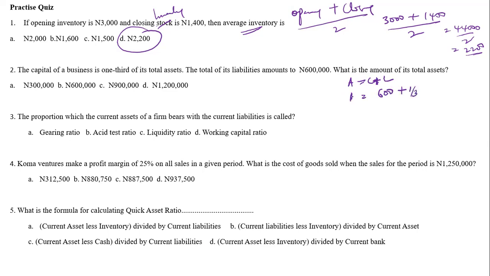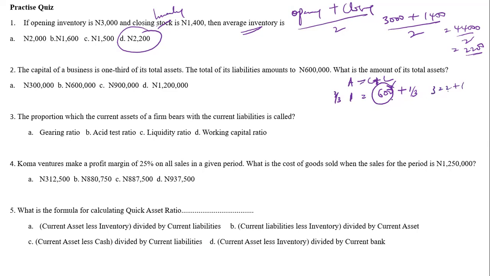So when we have 1/3 of this, we should all know that this is the same as saying 3/3, meaning that liability is 2/3. You are simply saying 3 is equal to 2 plus 1.